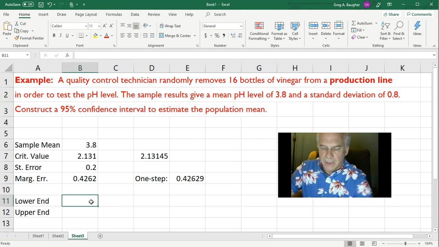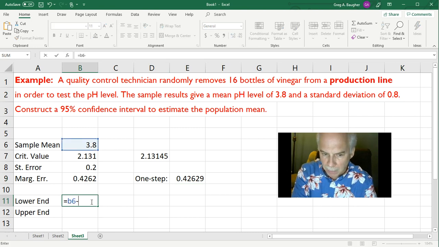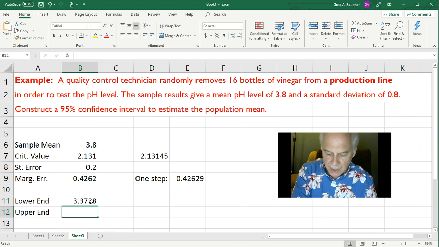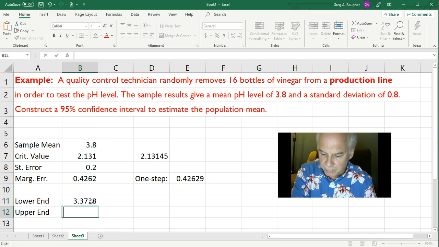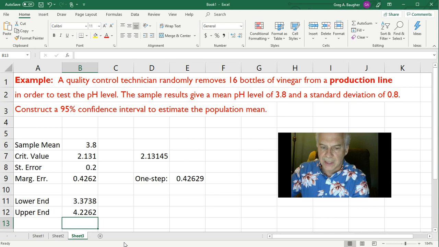All right, and then the lower and upper end will just go equals the sample mean B6 minus B9, just like we did before, and equals B6 plus B9. So that's how to find the confidence interval.